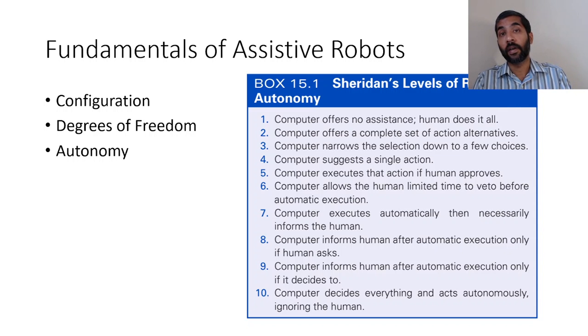So in the case where the computer does not offer any help, it's basically the person has to do everything. He has to use his force, he has to make decisions, he has to do the things, and that's perfectly fine for some people. But some people may have disabilities which are so big that that doesn't really help, right? And maybe more autonomy to the computer may be helpful.